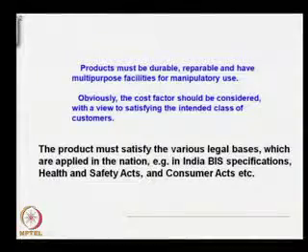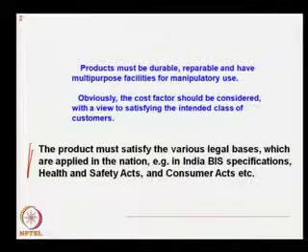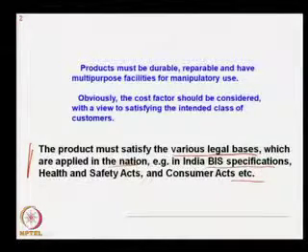Finally, whatever we develop or do, the product must satisfy the various legal bases which apply in the nation. As for example, in India, BIS specifications, Health and Safety Acts and Consumer Acts, etc., various regulations.